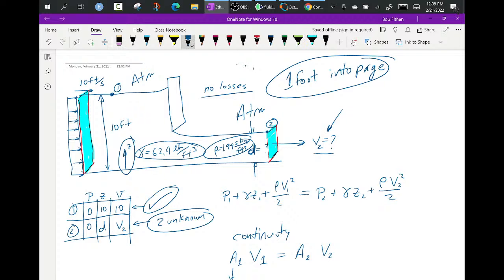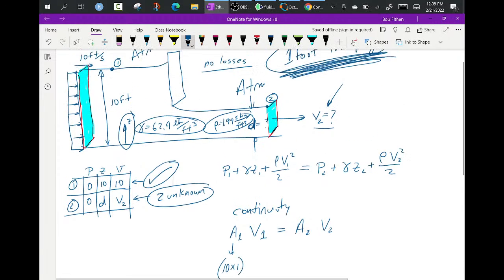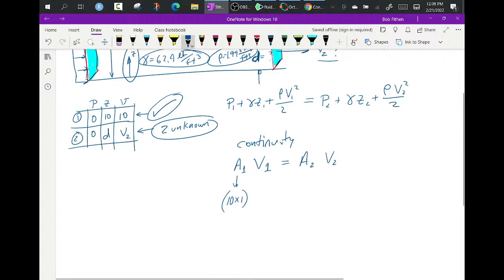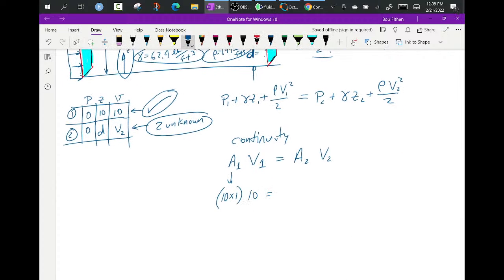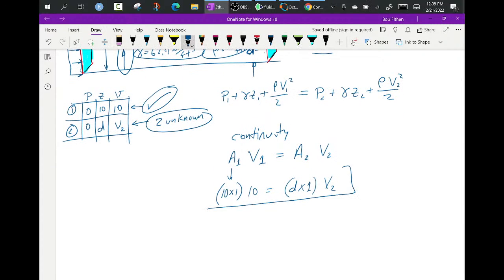So let's head back to that. The first entrance area is 1 foot into the page, remember that. So it's going to be 10 by 1 times the velocity running along in the front, which is 10 feet per second, equals the area 2, which is D times 1, and the velocity at the exit. So guess what? I get this. I have a choice of saying V2 is equal to 100 divided by the depth.